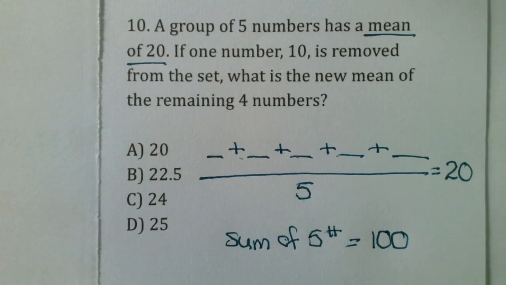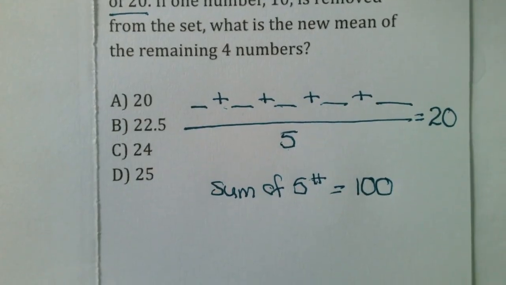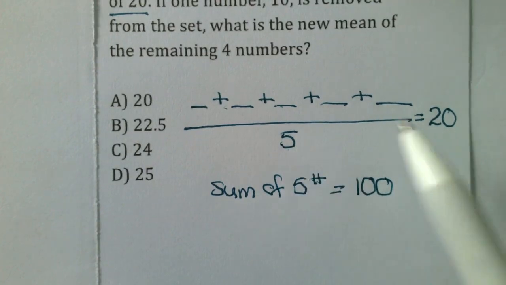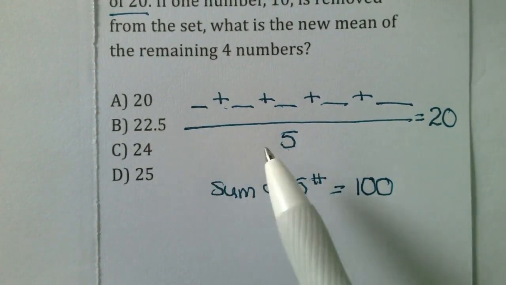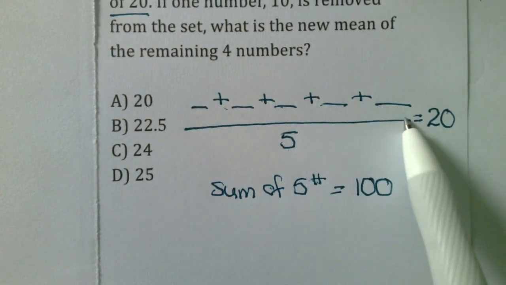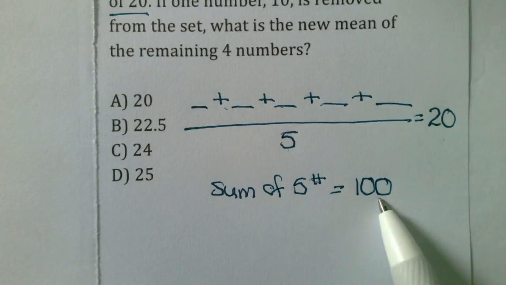So the sum of those 5 numbers is going to be 100. All I did was multiply 5 on both sides so I can get it out of this fraction form. Then I can just focus on the 5 numbers. And it's going to equal 5 times 20, gives me 100.